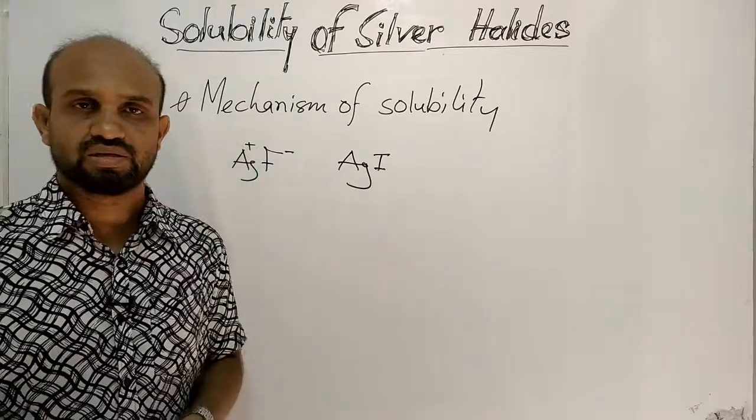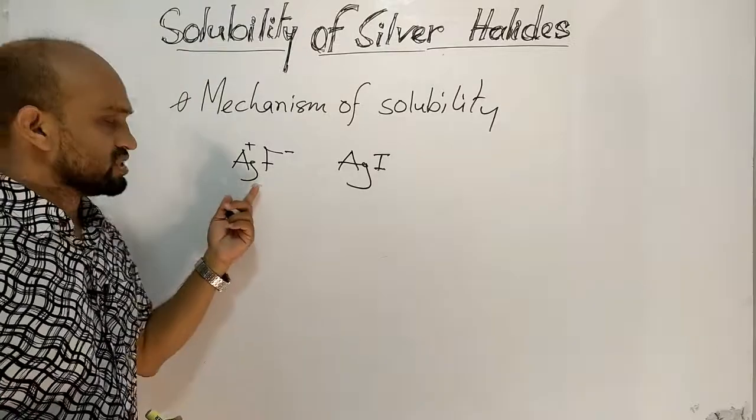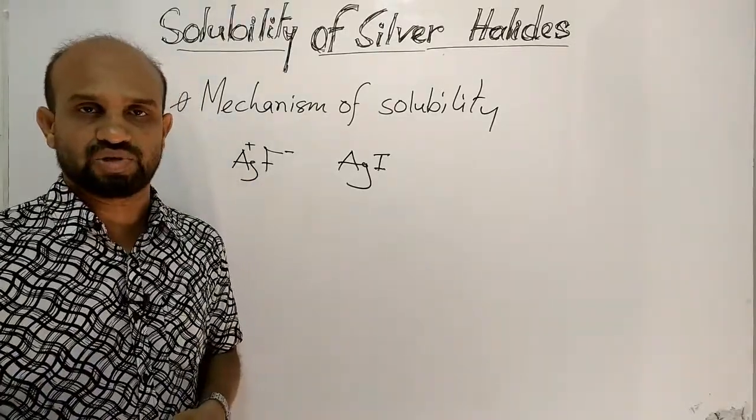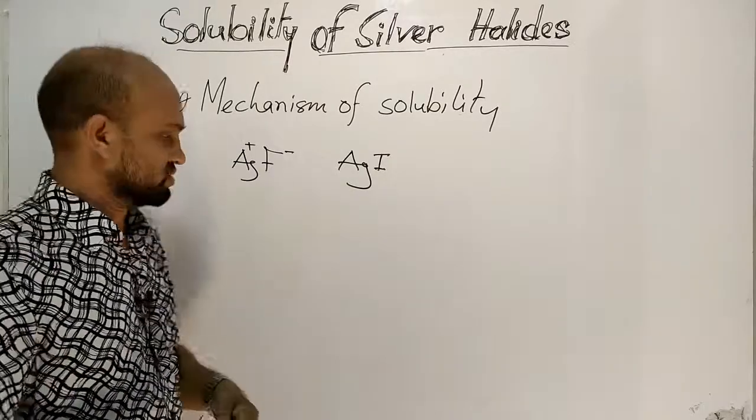It remains ionic compound, and that is why it dissolves in water, while silver iodide doesn't dissolve in water. Now let's see how silver fluoride dissolves in water.